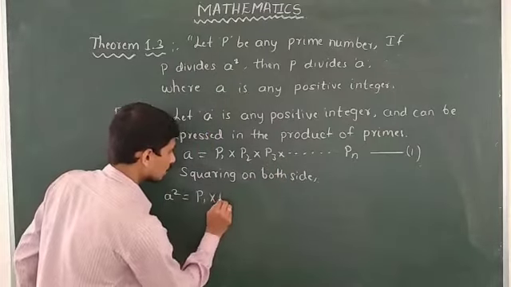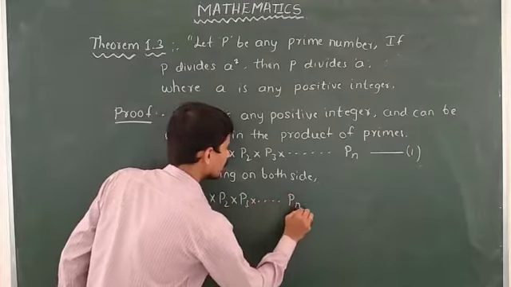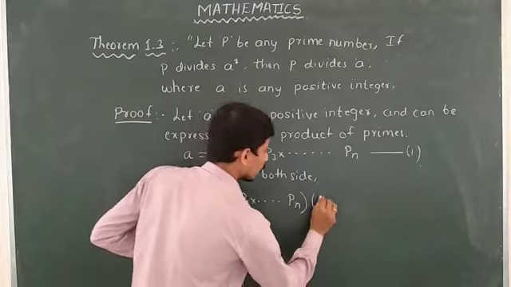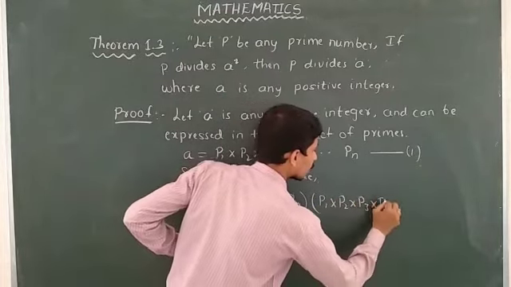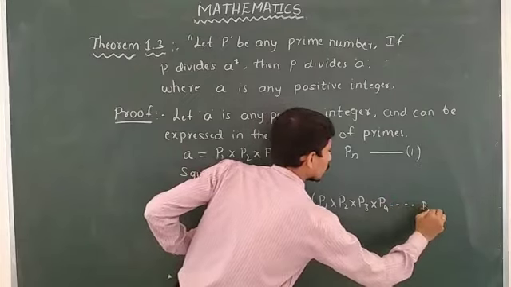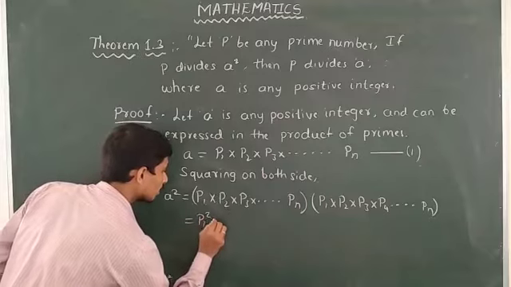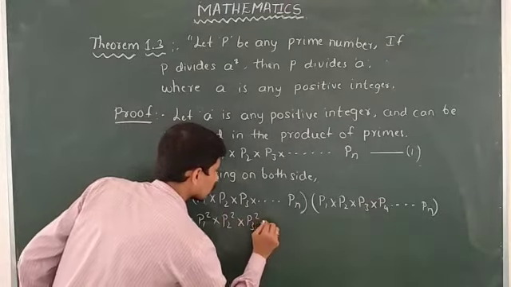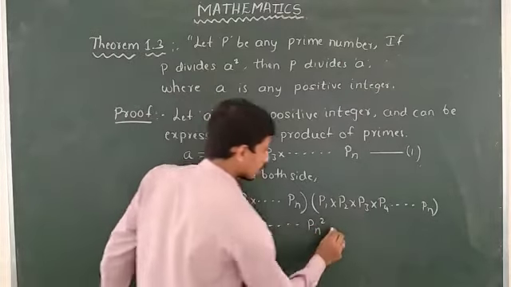So P1 into P2 into P3 into so on up to Pn, multiplied by P1 into P2 into P3 into P4 so on up to Pn. It can also be written as P1 square into P2 square into P3 square into so on up to Pn square. This is equation number 2.